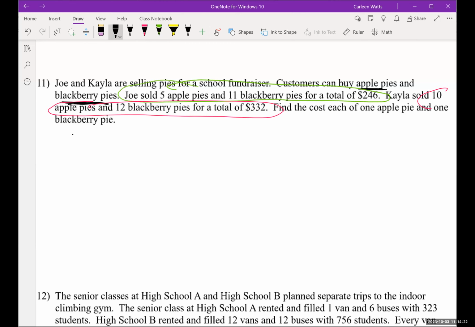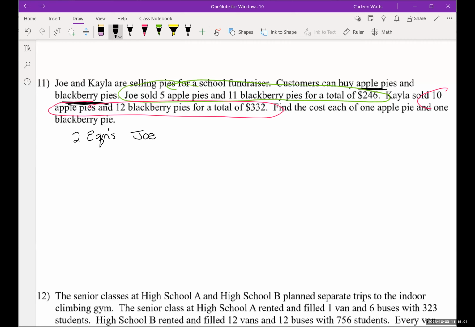Now we are going to write 2 equations. And if you have 2 equations, you can have 2 variables. So ready? Let's talk about Joe. 5 apple plus 11 blackberry gave him a total of $246. Not bad, huh? Do we want to use X's and Y's or A's and B's? A's and B's.